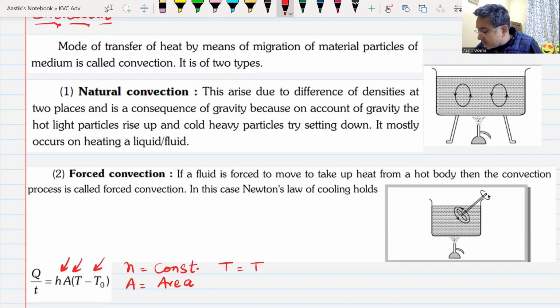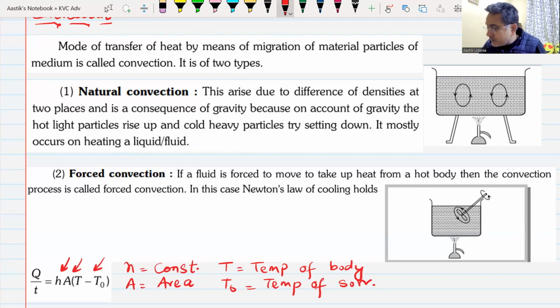T is the temperature of the body. And T naught is the temperature of surrounding. So this is the vague formula for heat loss due to convection.